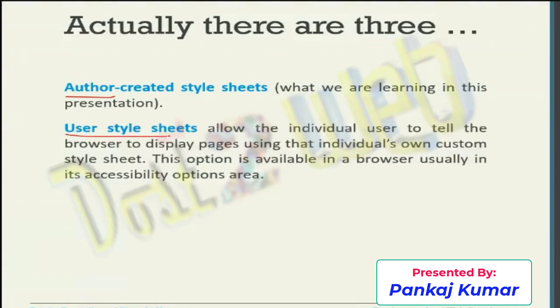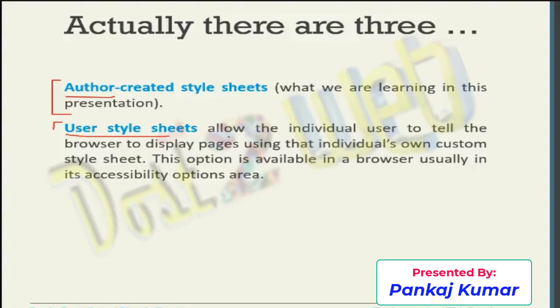Next, there is something called a user style sheet. One is the web developer, another one is the user style sheet. That means we have installed the browser on our system, and when you open it, sometimes you can see a difference in the text presentation.